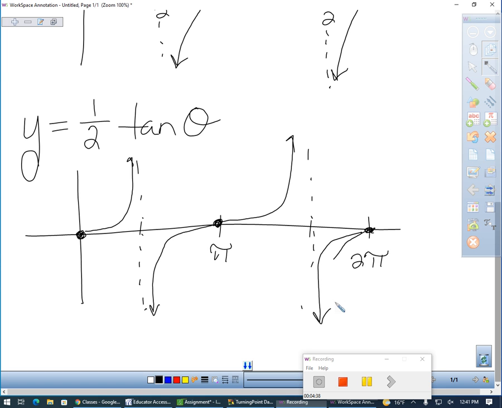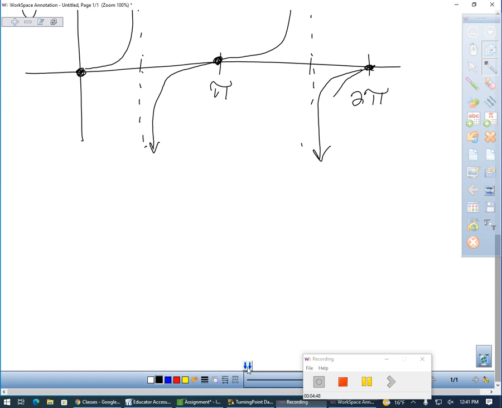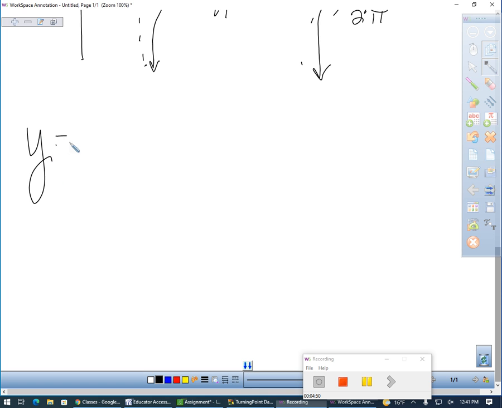So let's try one with a little bit different period in there. Let's do it. Let's say we have y equals tangent of theta over 4. Sounds good.